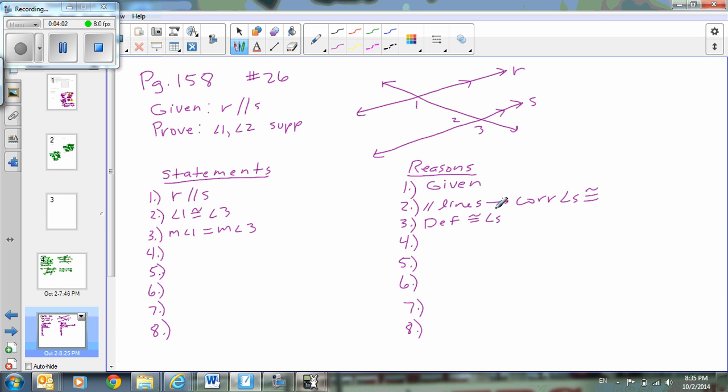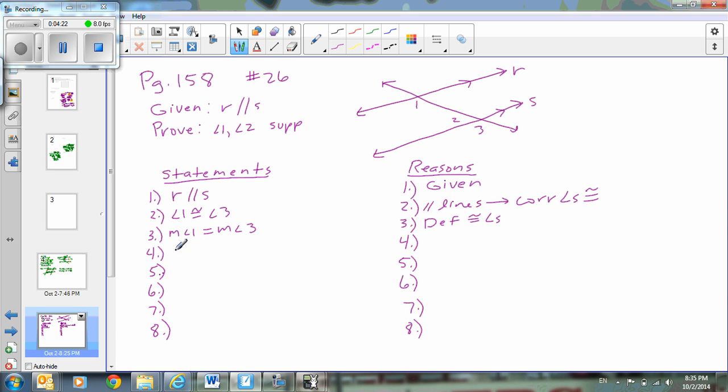Now, looking back at your diagram, look at the angle pair 2 and 3. What kind of a pair of angles are they? Well, they're adjacent, and their non-common sides form a straight angle or a straight line. So angle 2 and angle 3 satisfy the definition of a linear pair.